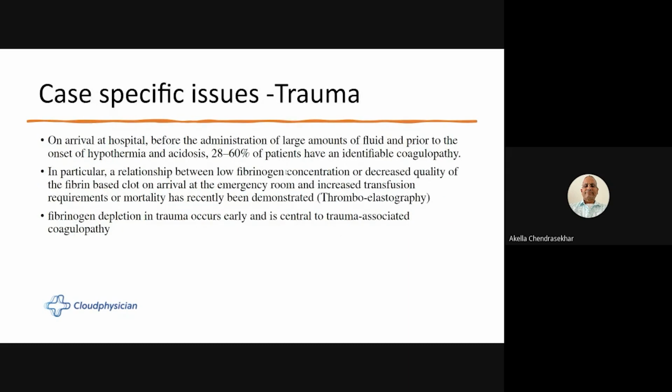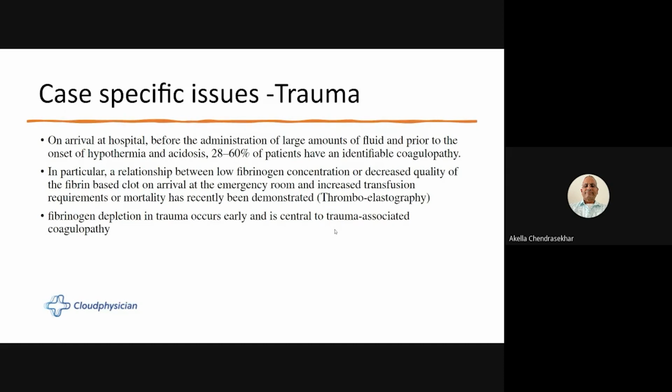Okay, in trauma, remember also, if you're transfusing large amounts of fluid and blood products, these patients are susceptible to having coagulopathy, right?